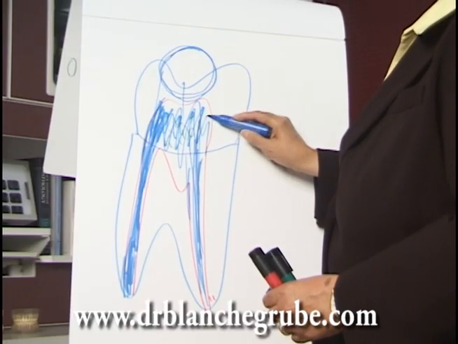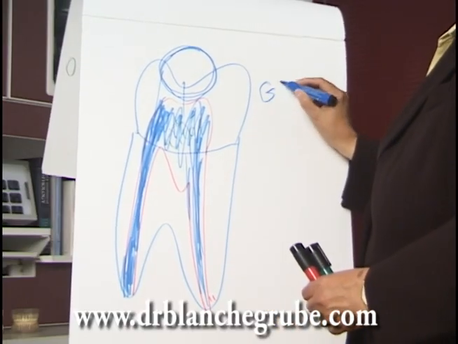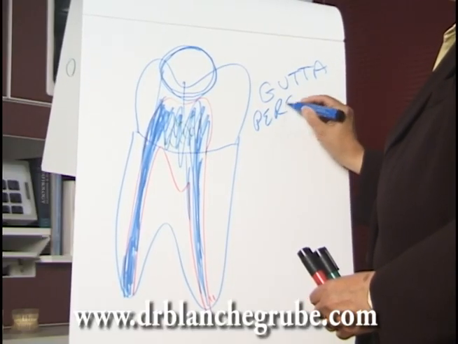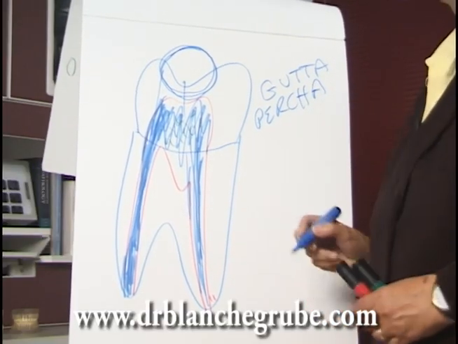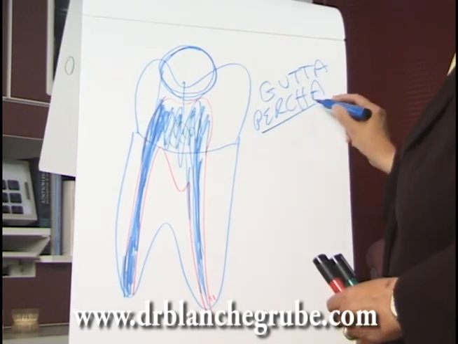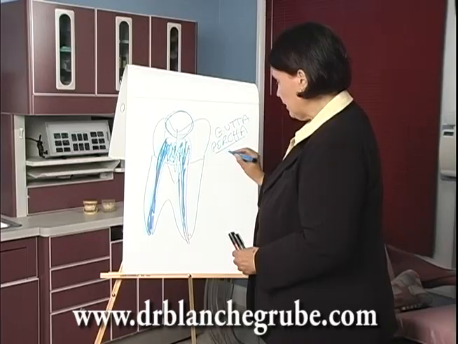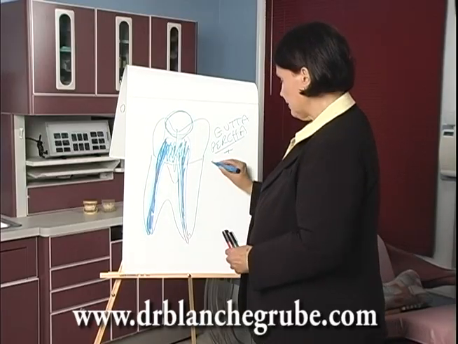Well, most root canals are filled with something called gutta percha. Gutta percha is a rubbery material that comes off a tree in South America. In and of itself, it's a relatively safe material. But that gutta percha is mixed with cement.